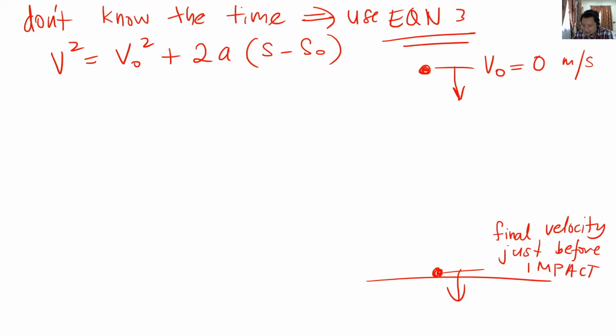Because after it impacted, the final velocity will be 0 lah. But we need to find out what is the final velocity just before impact. So that would be the thing that you need to find out. Distance kita tahu, 326.7 meter. This is the distance. So let's solve it using this equation over here.